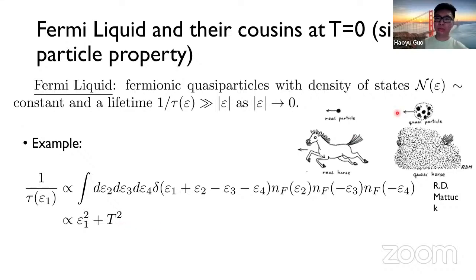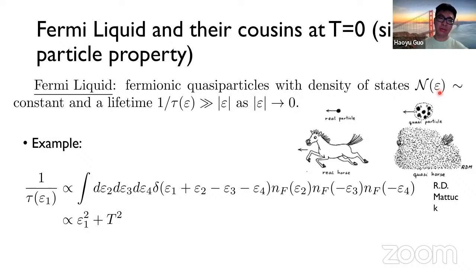To give a more practical definition of a Fermi liquid, let's say that we want to have some fermionic quasi-particles in our system, and near zero energy there should be a Fermi surface. So the density of states of the quasi-particle should be non-zero.